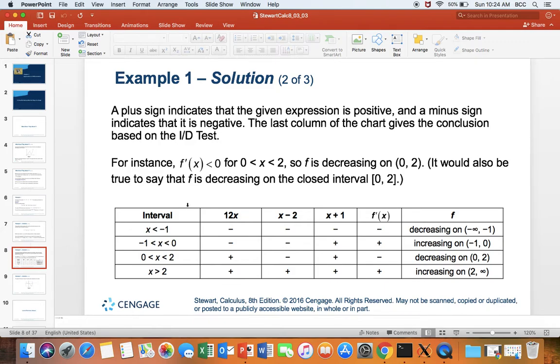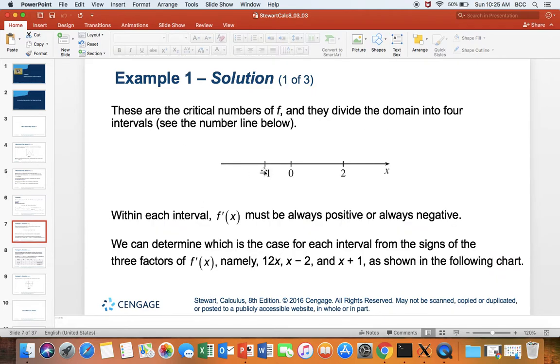You have the first piece to the left of negative 1, the second piece between negative 1 and 0, the third piece between 0 and 2, and the fourth piece from 2 onwards.